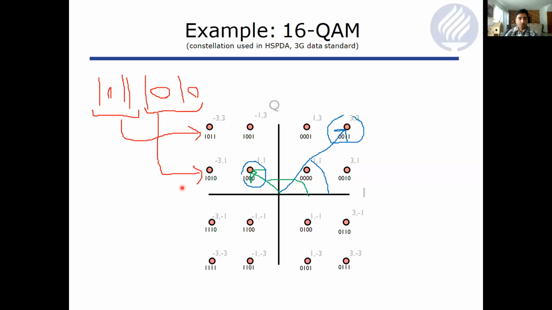Here, if I want to transmit these bits, I'm going to transmit my signal with this amplitude and with this phase, from here basically to here. And if I want to transmit this set of bits, I go with this amplitude and this phase. So you can see you're changing both the amplitude and the phase of the signal. Each symbol that we send in the physical layer can transmit 4 bits of information.